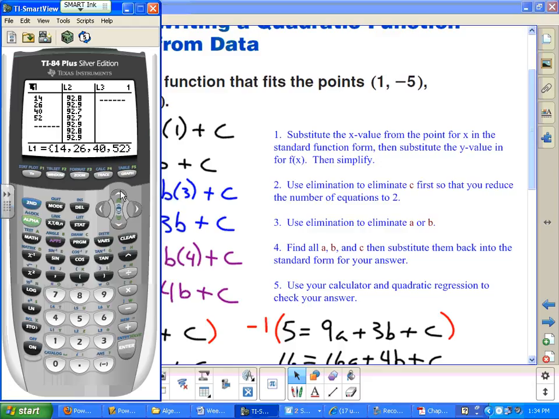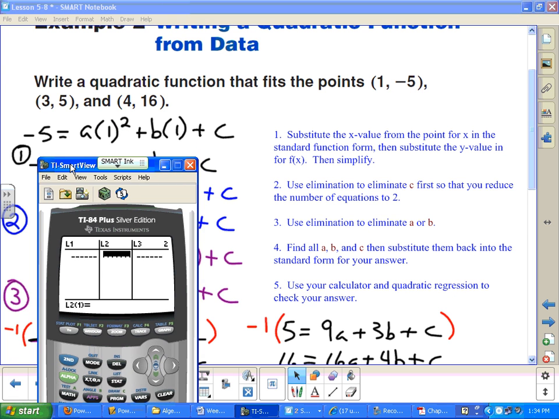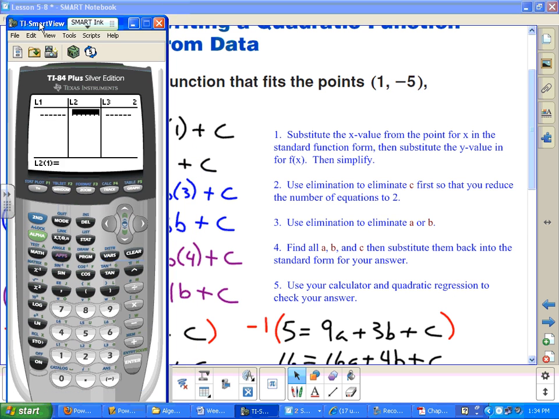So go to your list, make sure they're completely clear. All right, so you have nothing in list 1, nothing in list 2. So we're going to put the x values in list 1 and the y values in list 2. So our x values are 1, 3, and 4.